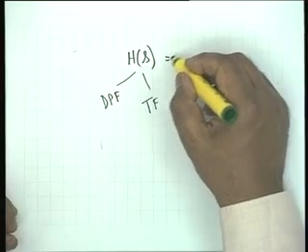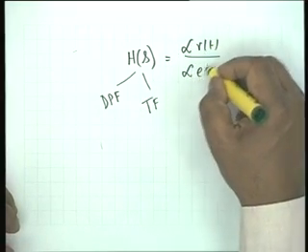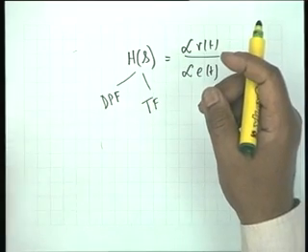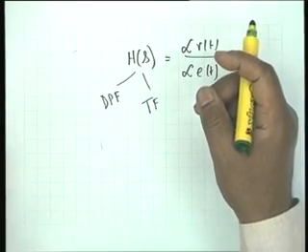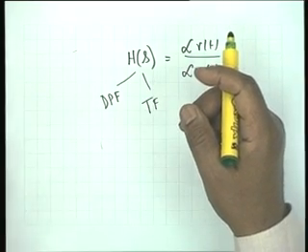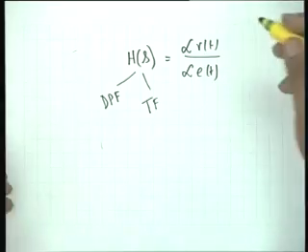Well, H of S obviously is the Laplace transform of the response to Laplace transform of the excitation with initial condition equal to 0. This is the definition of a transfer function or a function characterizing the network or any system for that matter.